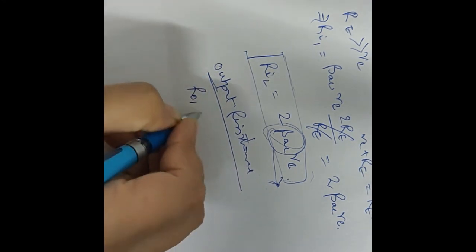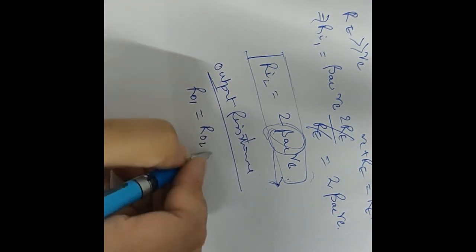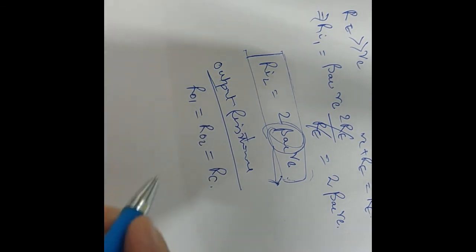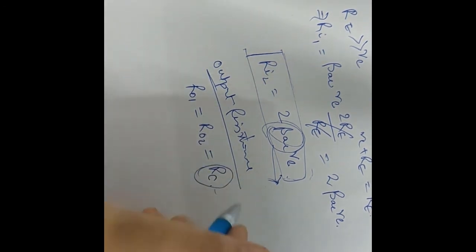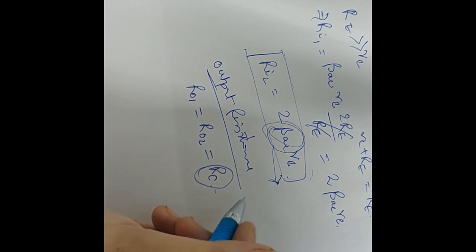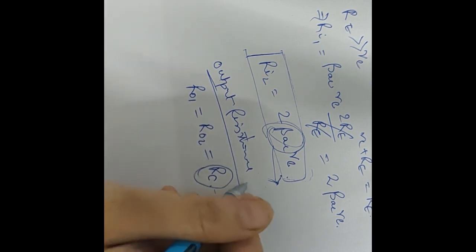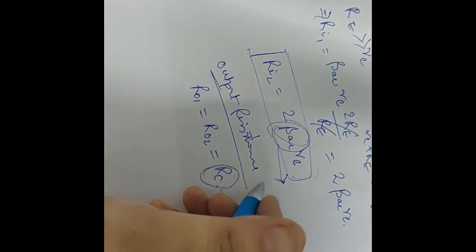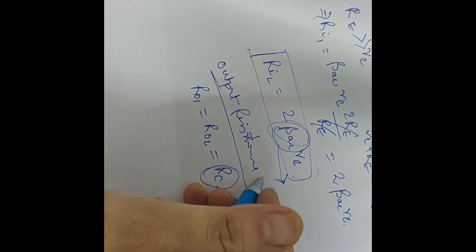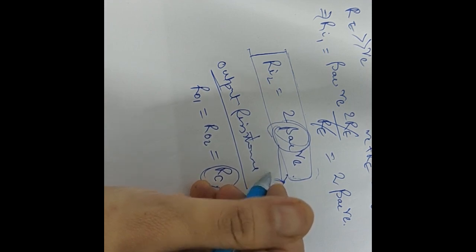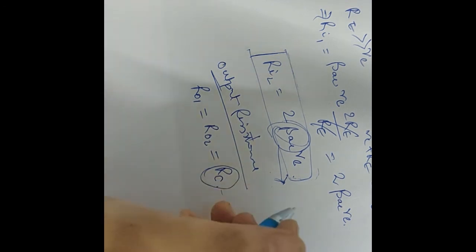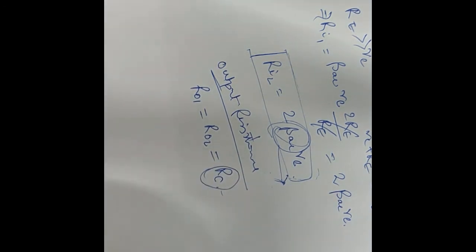So RO1 equals RO2, and that is nothing but the collector resistance RC. So this is how, like a common emitter amplifier, the differential amplifier is a small signal amplifier, and it is used as a voltage amplifier, not as a current or power amplifier.